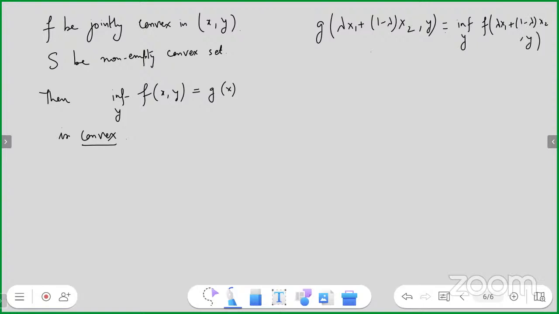This is pure definition. Now, given that this is inf, it is less than or equal to the value at any particular y. So which y should I pick? There is an obvious y I should pick. This is true for all y, right? So it's less than or equal to the value for any particular choice of y. What is that particular choice of y?